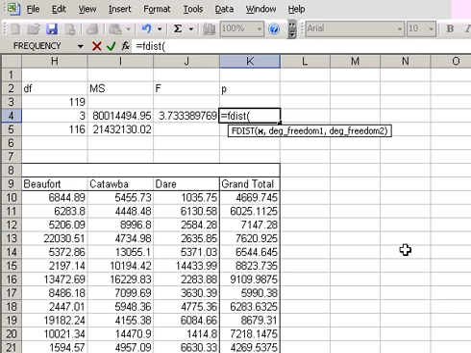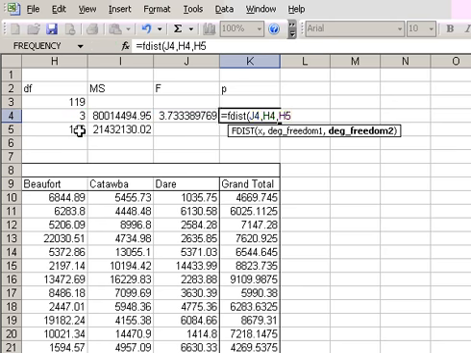F-dist takes 3 arguments. The first is the F value itself, then a comma. The second is degrees of freedom in the numerator, which is the degrees of freedom for hospitals. And the third is the degrees of freedom in the denominator.